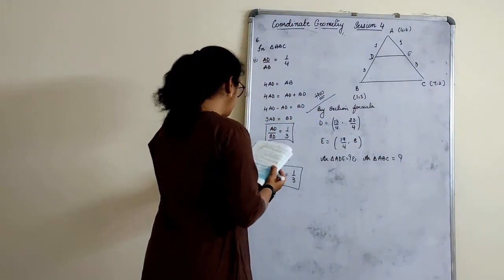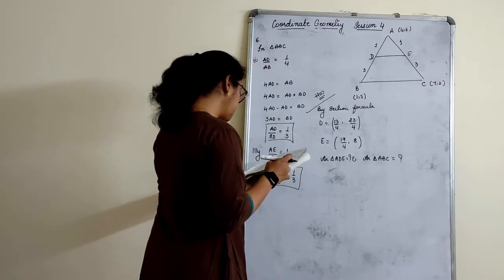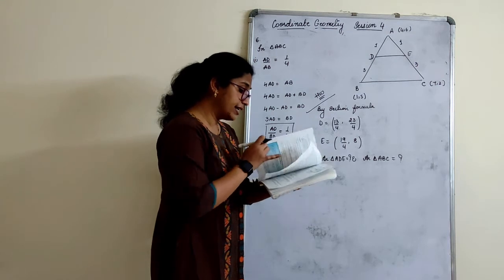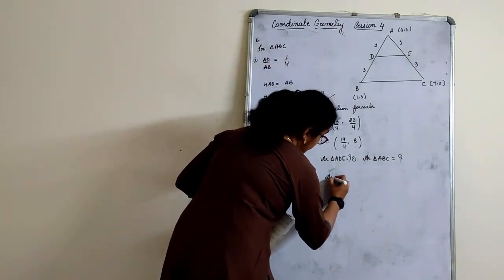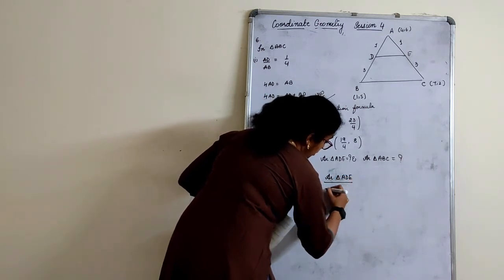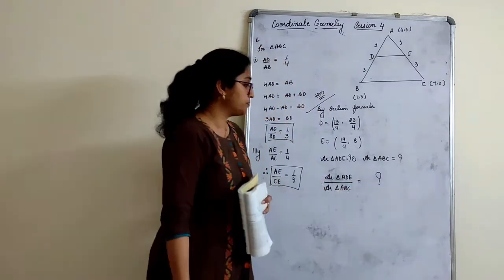Once you find out, they have also asked you one more part in the question: calculate the area and compare that with area of this. So after this, area of triangle ADE upon area of triangle ABC. Compare that and get the ratio.